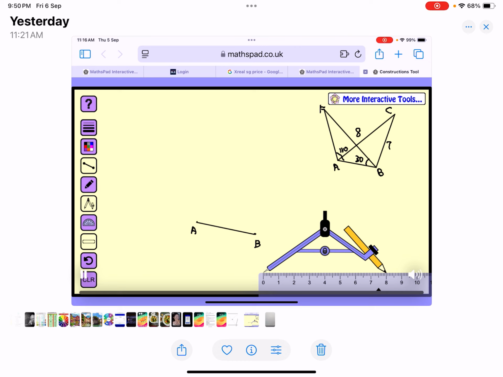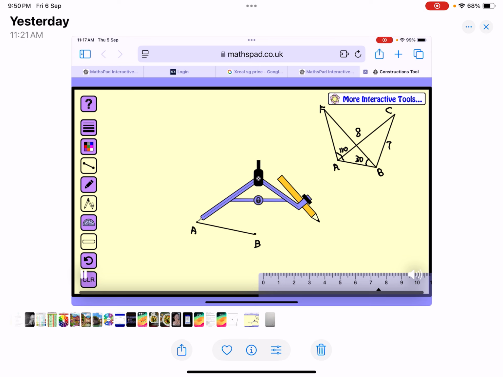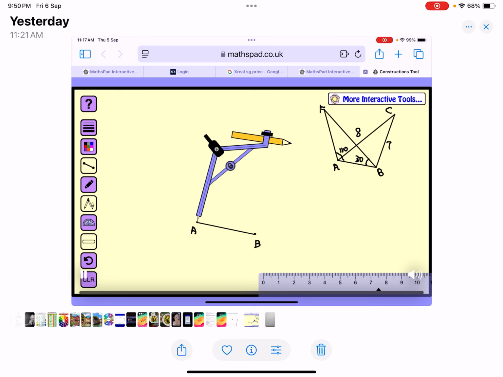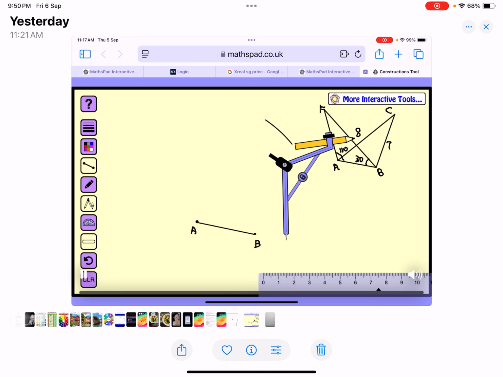We begin our construction by constructing triangle ABC. AC is 8, so we take a measurement of 8 using our compass, transfer it to the point A, and draw an arc of 8 cm. Next we want BC to be 7 cm.